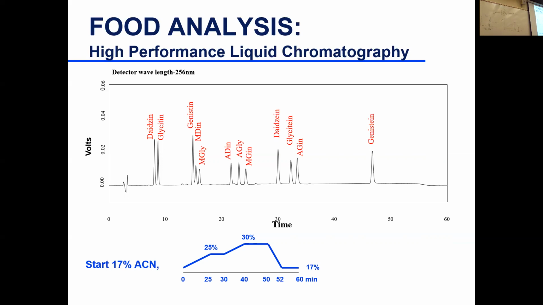What would you do to have genistein elute here, for example, and shorten the analysis time by 5 to 10 minutes without changing any of this? What would you do? Let's see with Madison.